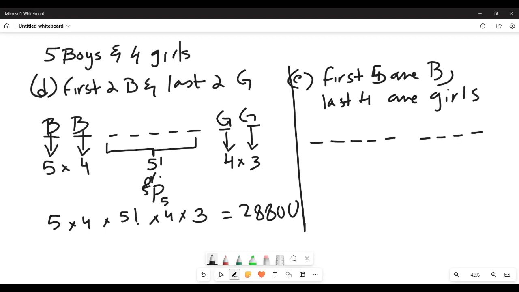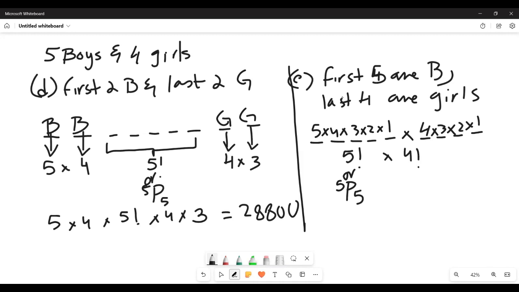That's going to be 5 times 4 times 3 times 2 times 1. Better is 5 factorial because it's quicker and takes less space, or even 5P5 because that's also 5 factorial. And then times the total 4 girls, 4 times 3 times 2 times 1, or times 4 factorial, or times 4P4. So that's 2880.